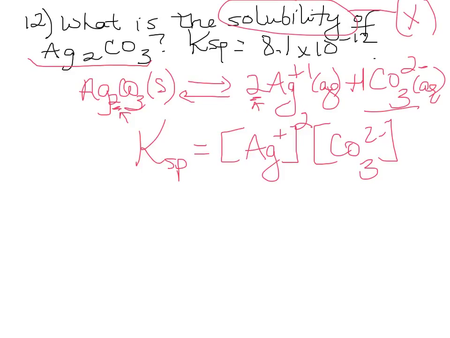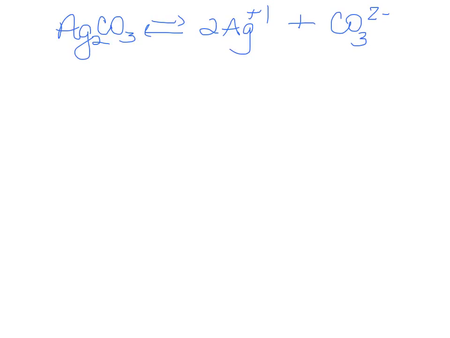And there's only one of those in the balanced equation, so I have just an exponent of 1. And we are given Ksp, 8.1 times 10 to the -12. So now I need to get the concentrations or the solubilities of the silver ion and the carbonate ion. All right, so ice table.